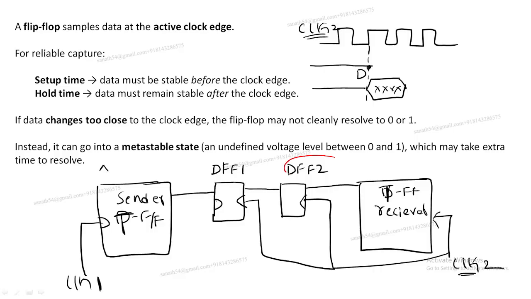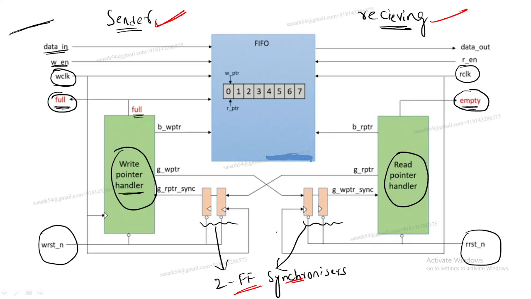Flip flop 2. So after sending, here you are getting metastability. After metastability, the output becomes constant. This constant output is given to which flip flop? The next flip flop.